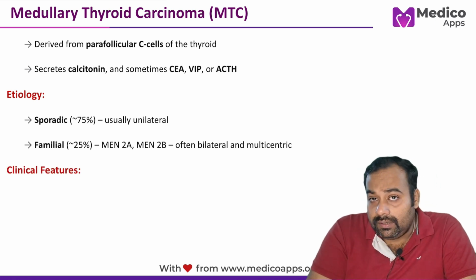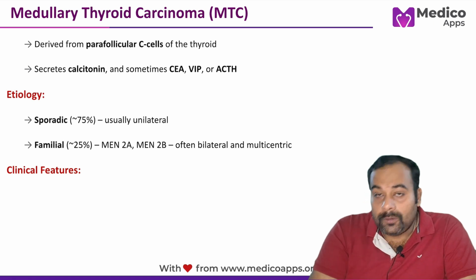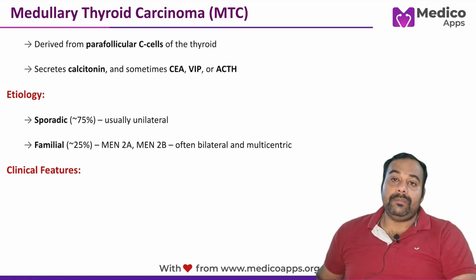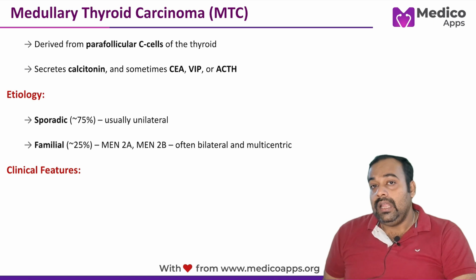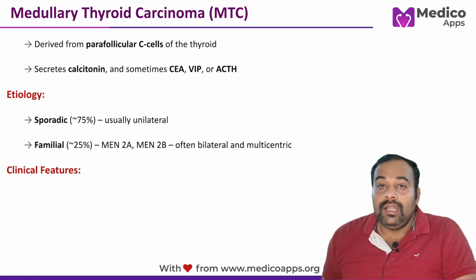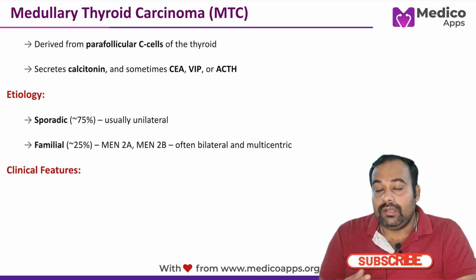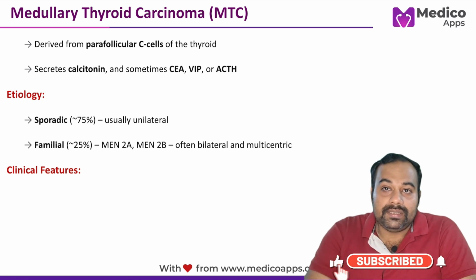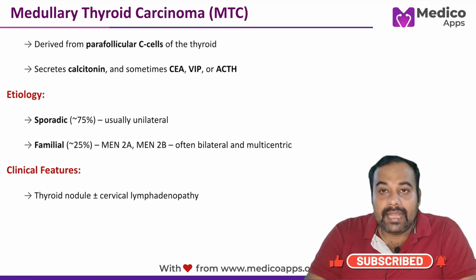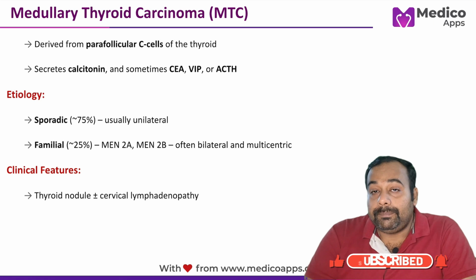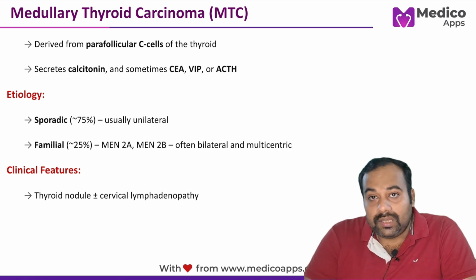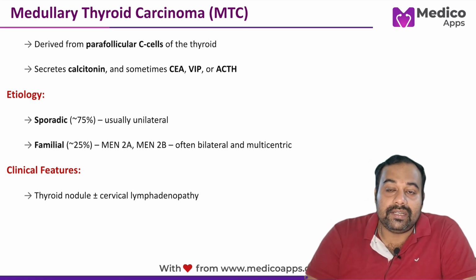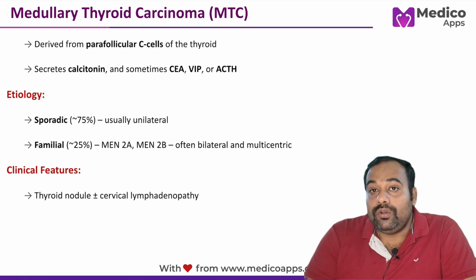Let's try to understand the clinical features. Look, the patient with a medullary CA thyroid eventually comes to us with a neck swelling. This neck swelling could be a thyroid nodule. But the problem is that most of the time when the patient comes to us, there is already enlargement of the neck node.